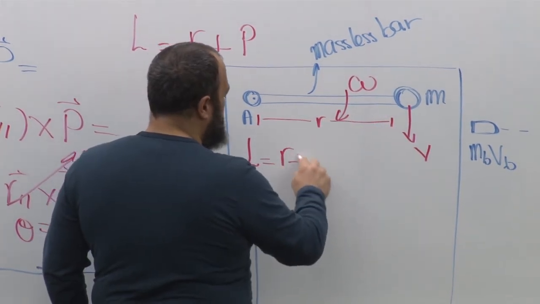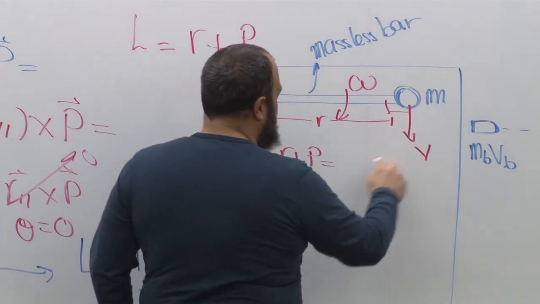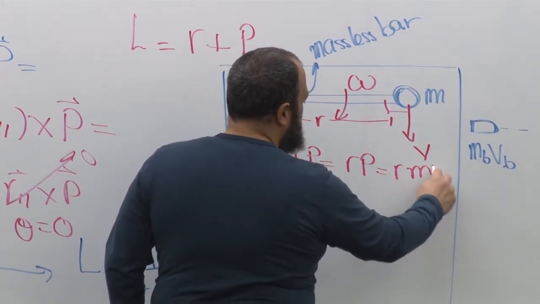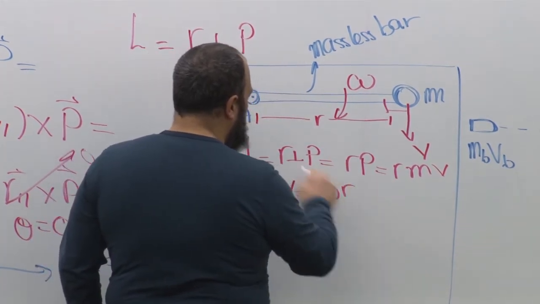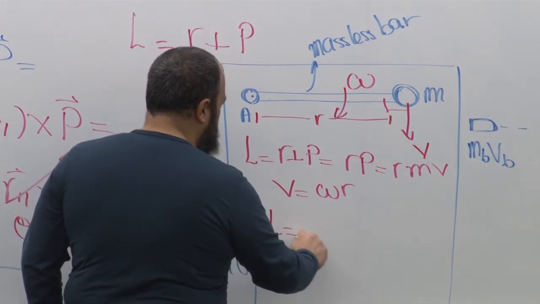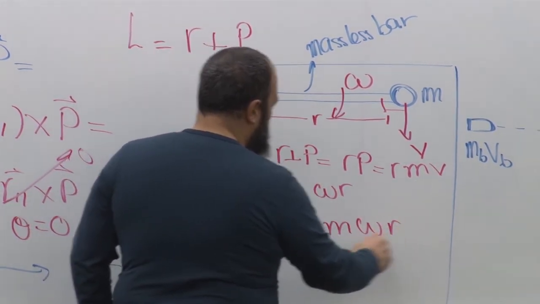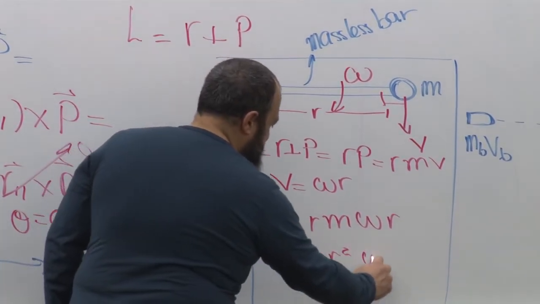R perpendicular times P, which, since the angle is 90 degrees, is RP, which is R M V. V, however, is equal to omega R. Therefore, L is equal to R M omega R, which is the same as M R squared omega.